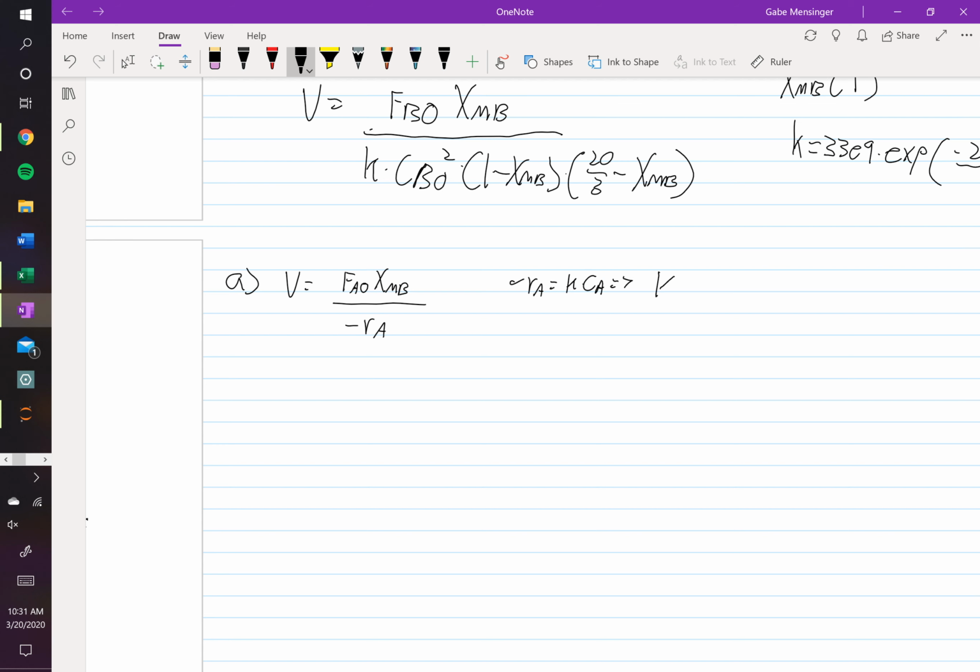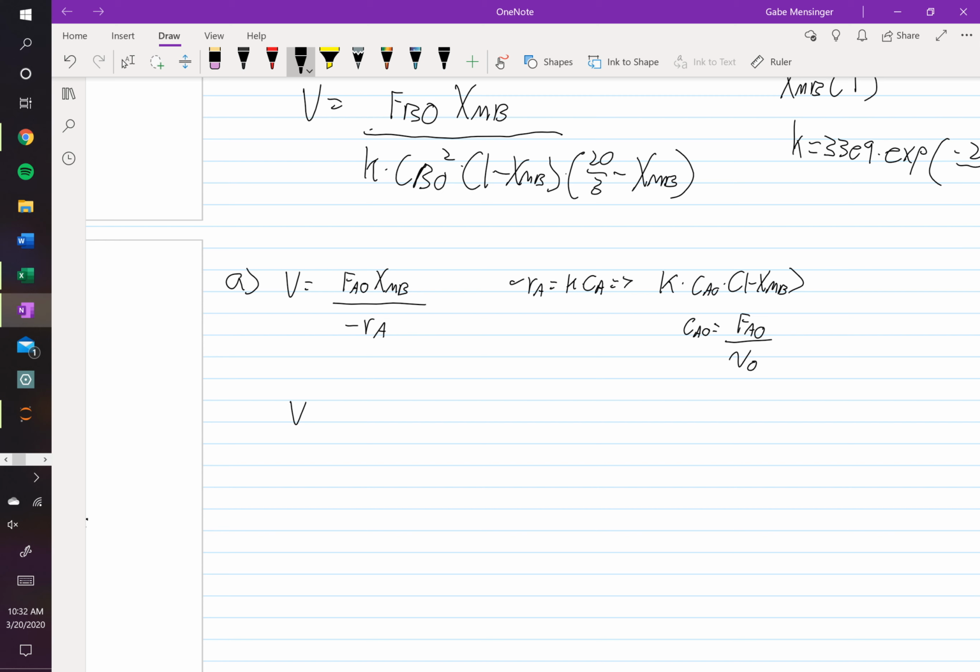Rewriting that in terms of conversion, we get K times CA naught times 1 minus XA, or I guess X MB. In this problem, we're not really told anything about either an inlet volumetric flow rate or an inlet concentration. So I'm going to rewrite CA naught in terms of the molar flow rate, which we do know, and the volumetric flow rate, which we don't know, but we'll be able to get rid of.